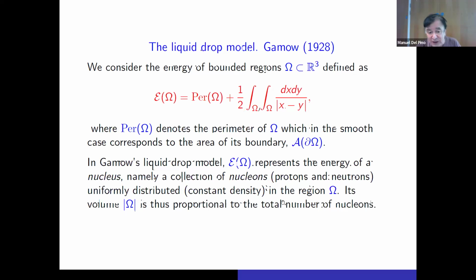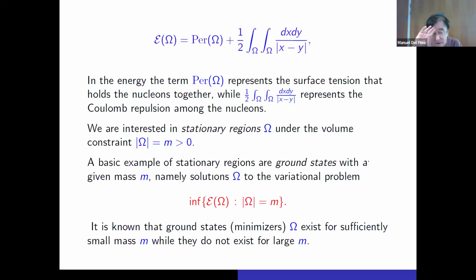Therefore, we can think that the volume of omega is proportional to the total number of nucleons, assuming that this distribution is uniform. So here I write the energy again. The energy is the perimeter plus 1/2 of this sum of Coulombian interactions.